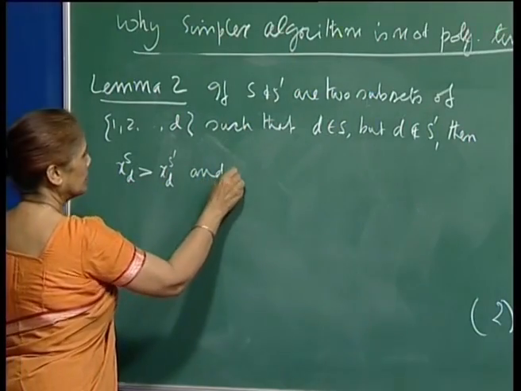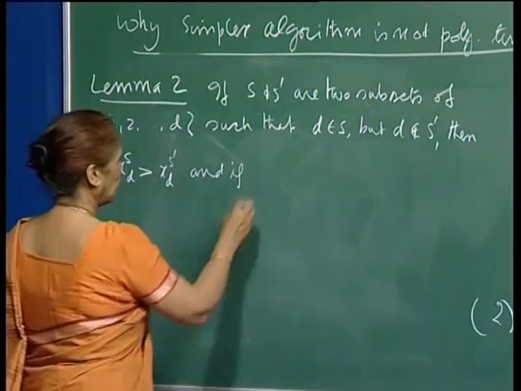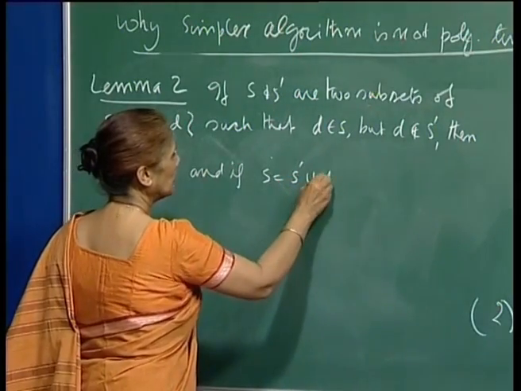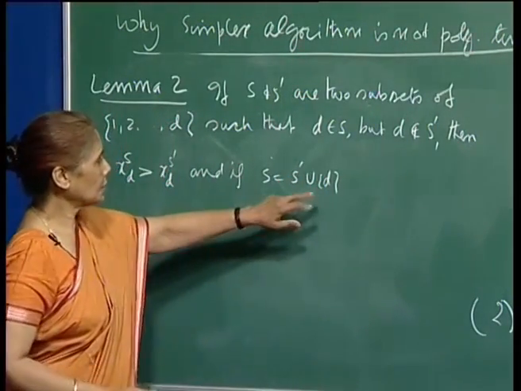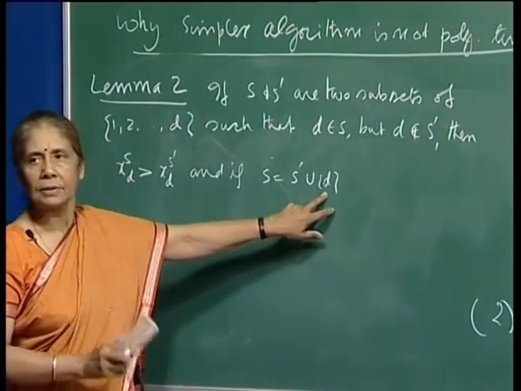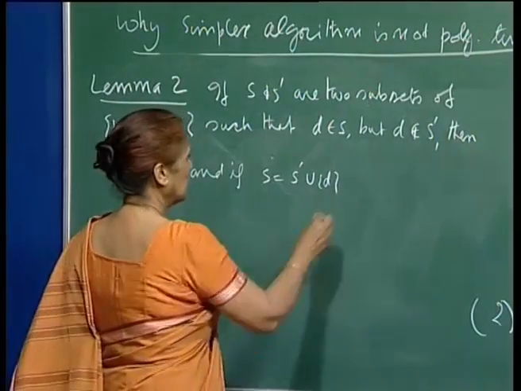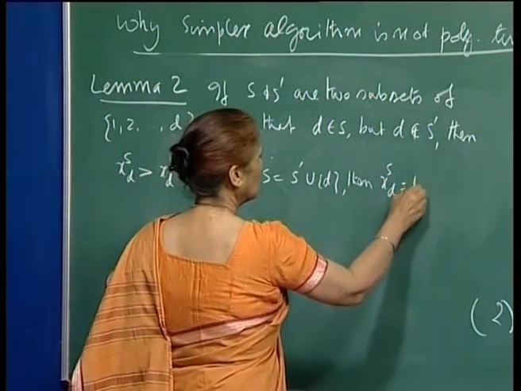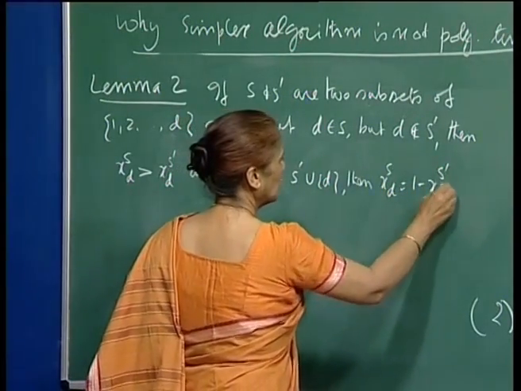And if S is equal to S prime union d, that means the index d was not present in S prime, and S and S prime differ only in the index d, then x S d is equal to 1 minus x S prime d.